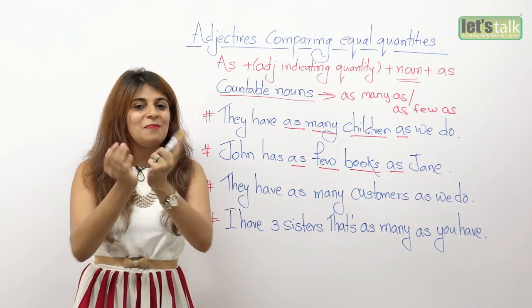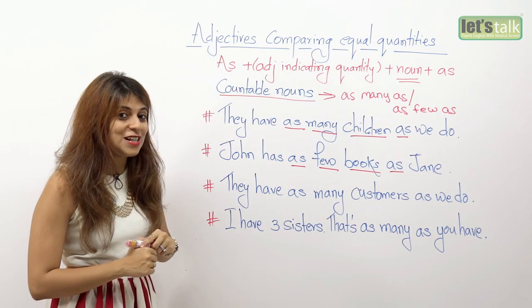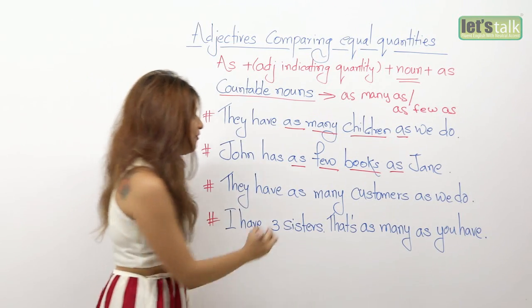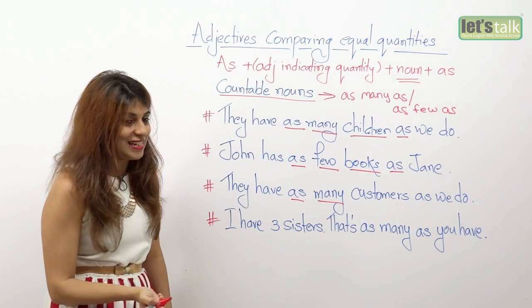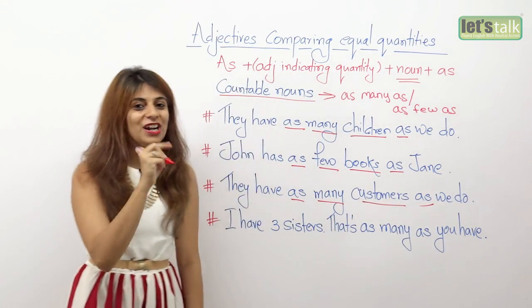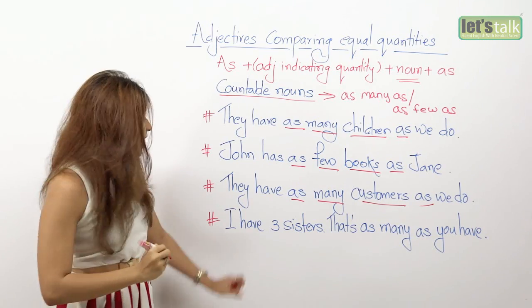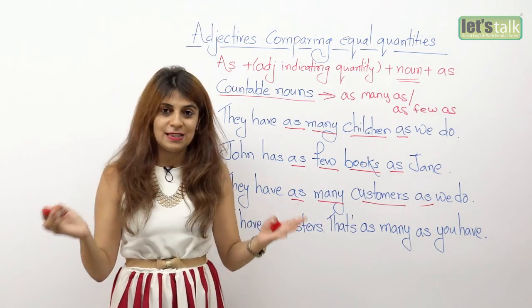So again, we are comparing equal quantities. What phrase do we use? They have as, many is your adjective indicating quantity, customers is your noun, and then followed by the word as. Last example here for you is I have 3 sisters.